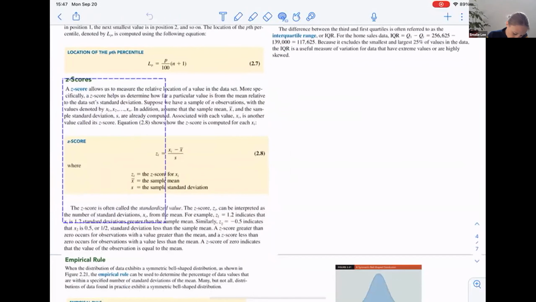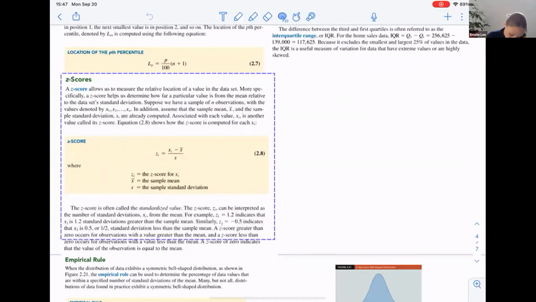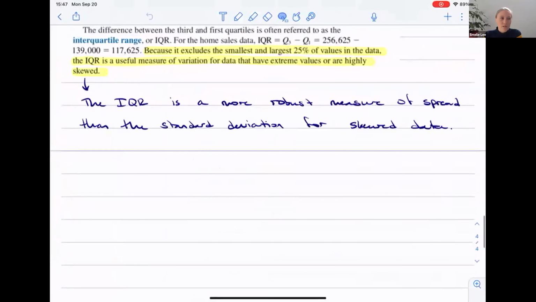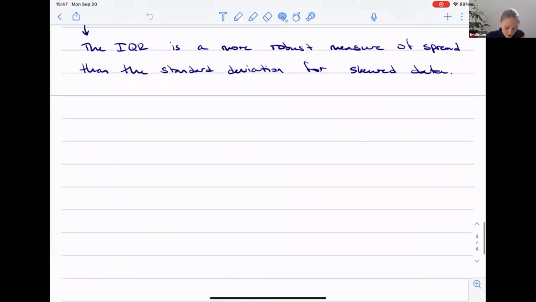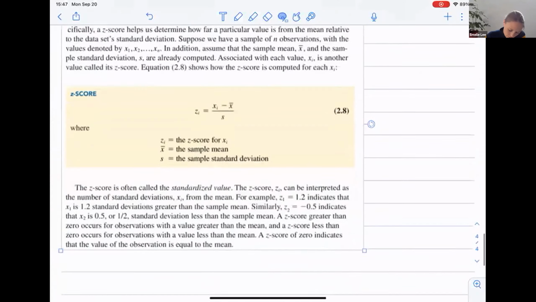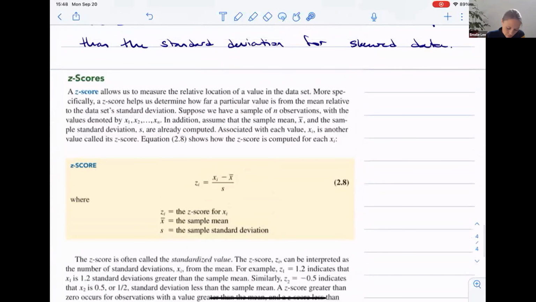Another thing that we use quite a bit is Z-scores. You may have heard about Z-scores before. They're standardized values. Z-scores take into account where the center is, but also how much spread there is.